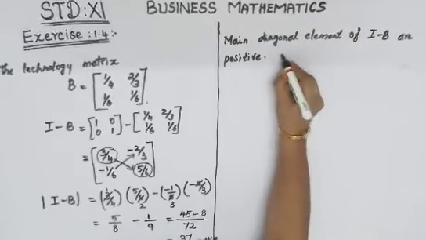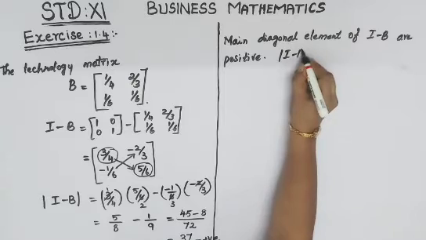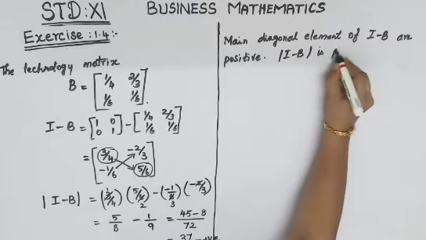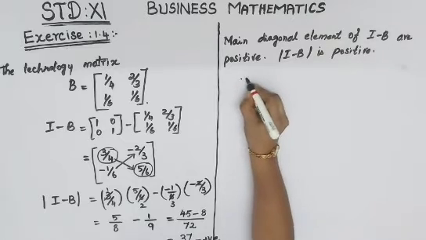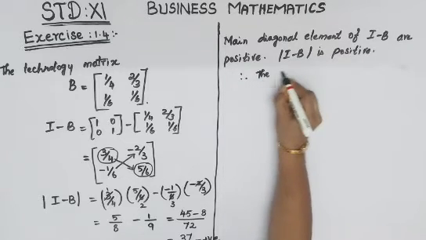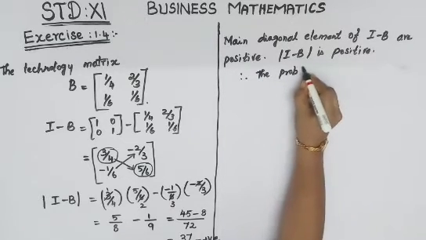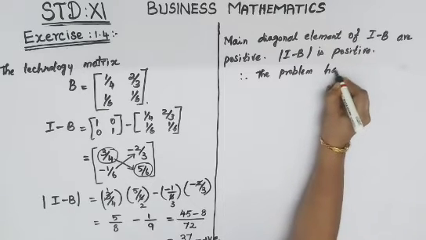The next condition is determinant of I minus b is positive. Therefore, the problem has a solution.